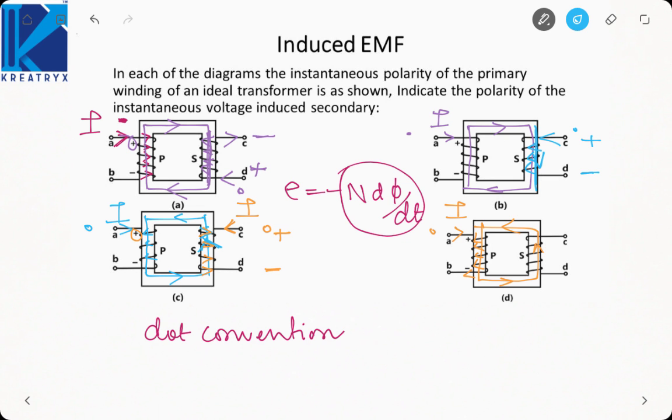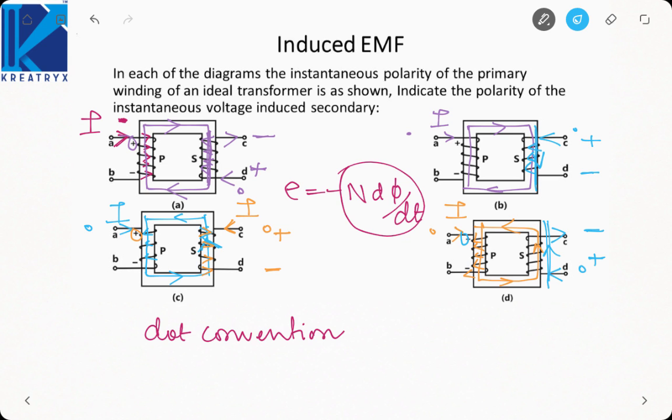That is, in secondary winding, the flux must be upwards. For that, how the current should flow? The current must leave here and enter here. If current enters here, the flux will be upwards. Since the current is entering at the D terminal, I will place dot here. Dot is positive, the dot will be positive, plus, minus.